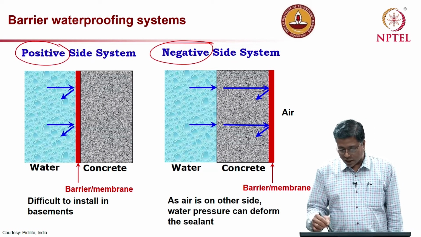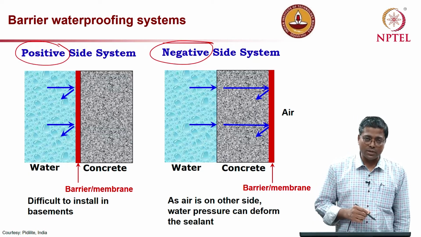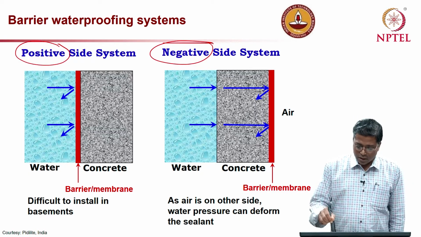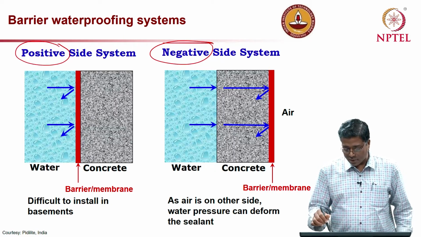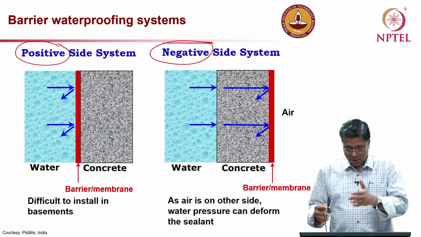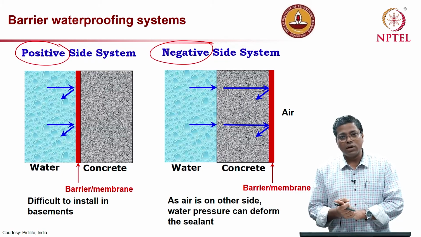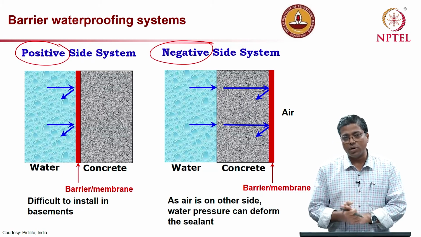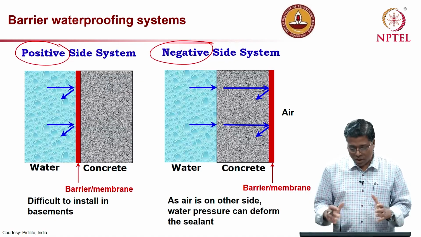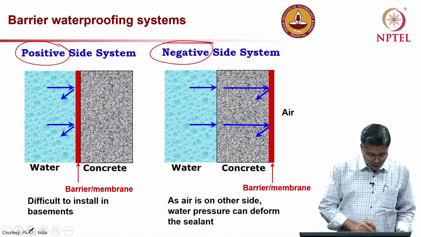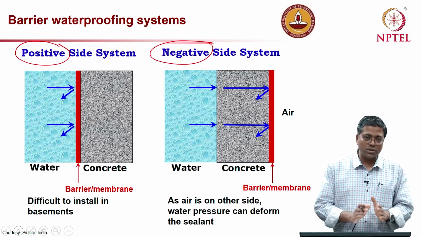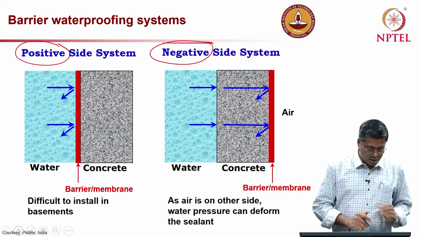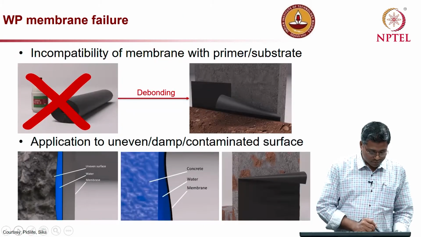So, that can fail relatively easily unless the concrete itself is treated very well and the barrier is functioning like a secondary system, or unless you have a very good bond between the concrete and the barrier system. So, there are ways to go around it, but if possible it is always better to go with a positive side barrier system.